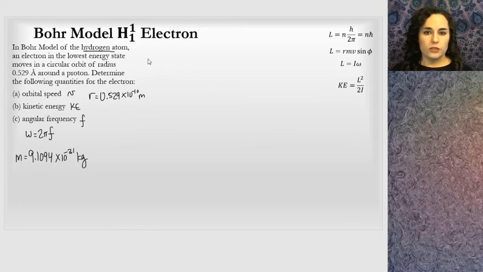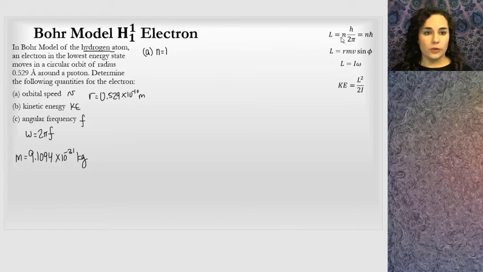Okay, so let's work on A, the orbital speed. The orbital speed here will be in the angular momentum. I know that I'm in the lowest energy state that's non-zero. It has to be non-zero. So the lowest energy state that's non-zero would be when n equals 1.